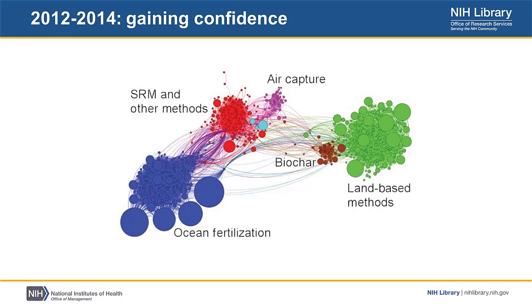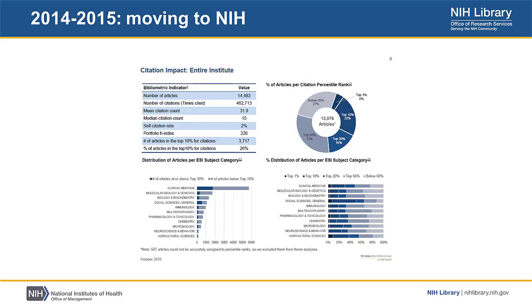We started building this database in collaboration with the Office of Research, and we started thinking about applying analyses to these things in late 2013 and early 2014, which is when I actually moved to NIH.